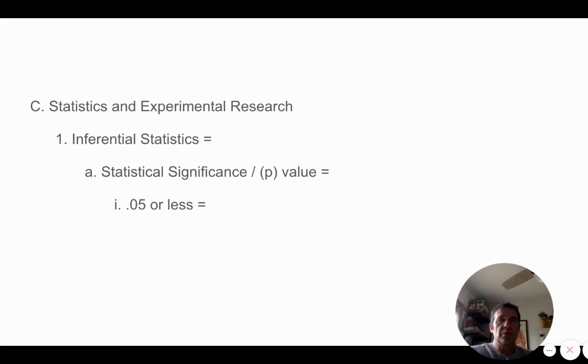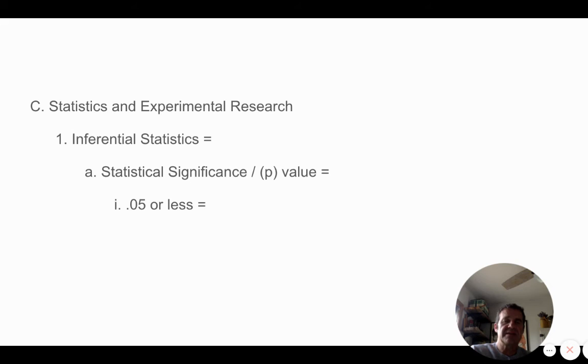Okay, so was the change in test scores because of the change in rooms, or was it just happenstance? Okay, now the number that is significant to us is the 0.05 I have there, so 0.05 or less.